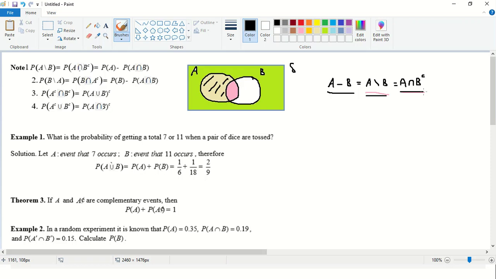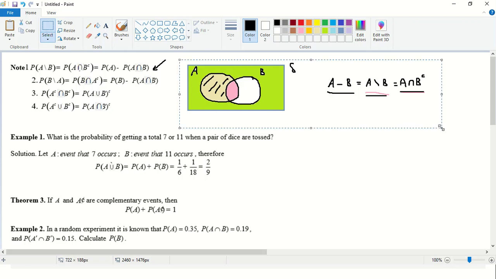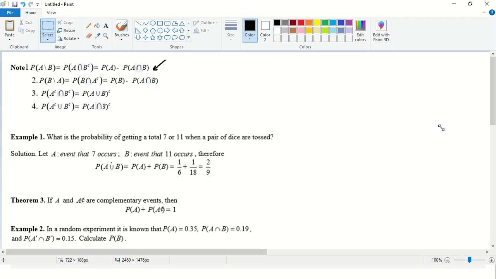So if we can see visually any type of relation between the events, then we can simply convert these things to the probability rule. For instance, let me focus on the first condition that we have. If we want to prove that one by using the additive rule, it can simply be done. What do I mean?